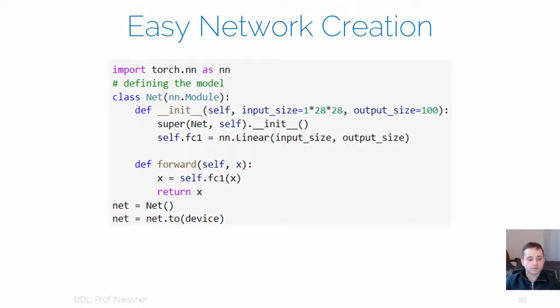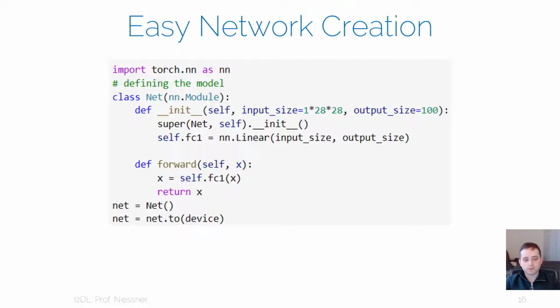If you try to actually build a neural network in PyTorch, then the basic structure is something like this. You import torch, and nn stands for neural networks, and this nn.Module is the base class. This is what a very simple network looks like. Here you have the initialization, and you just initialize a fully connected layer here.